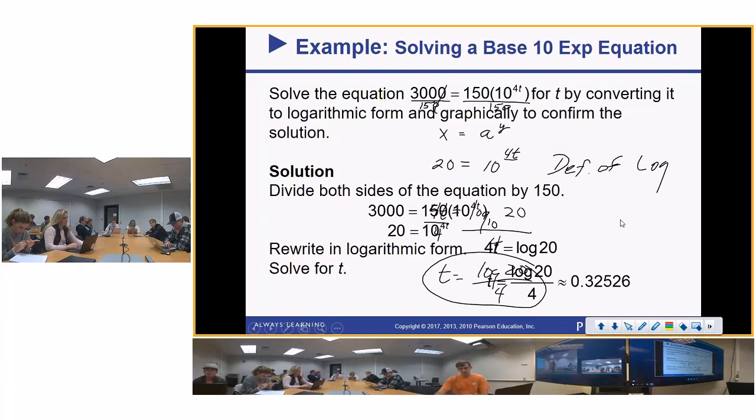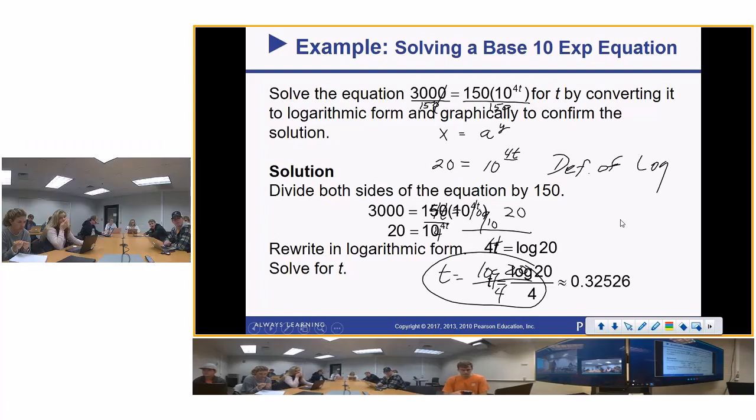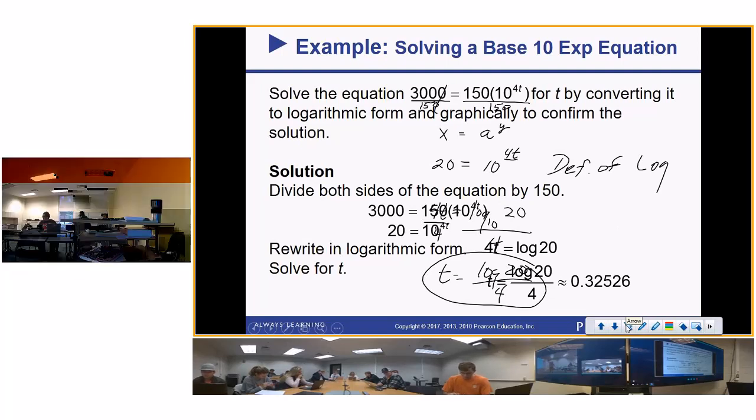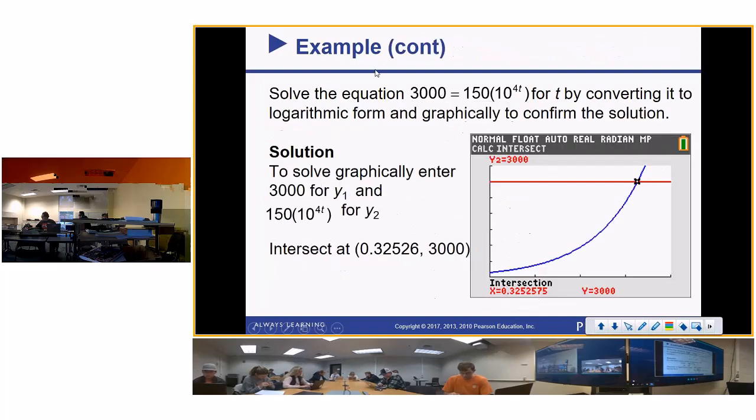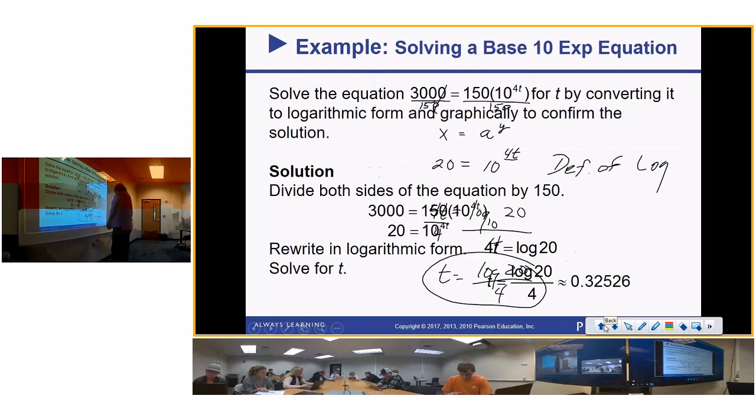Question, Pendleton. So what's the formula for log? The definition of a logarithm. Okay, the x equals a... Oh, hold on.